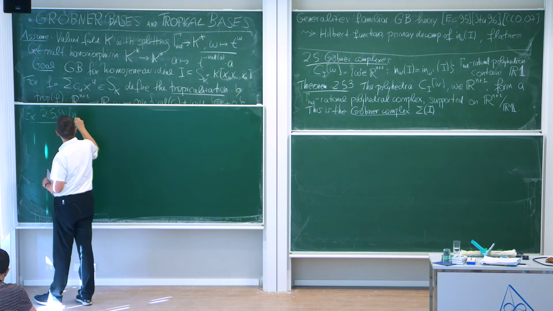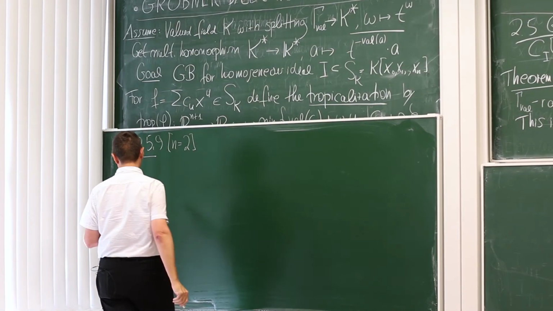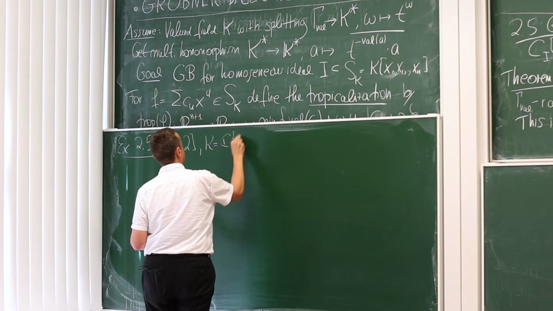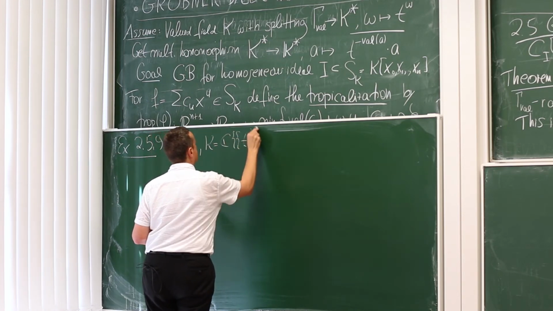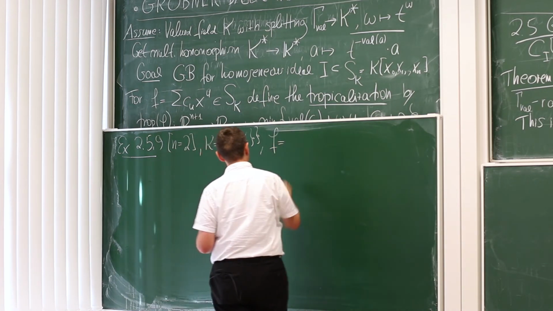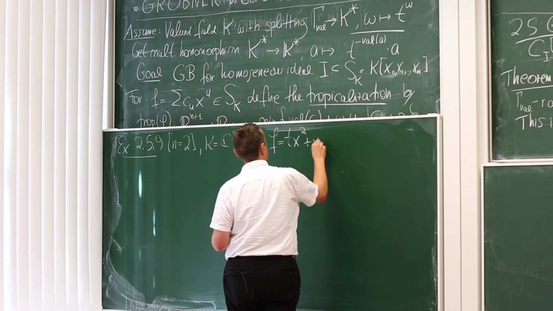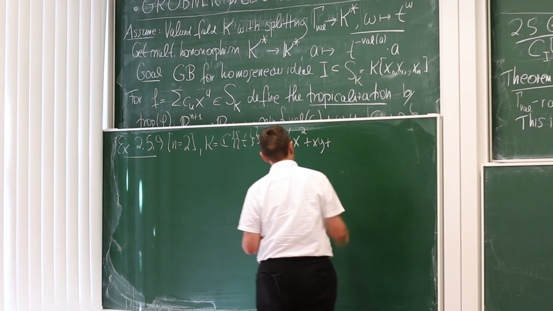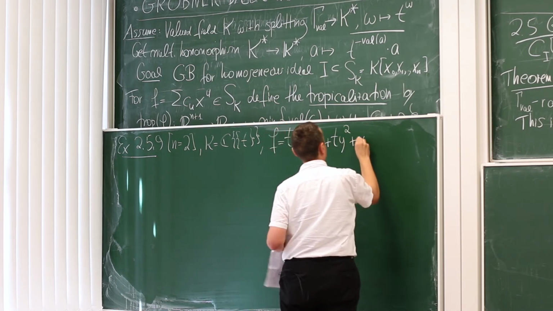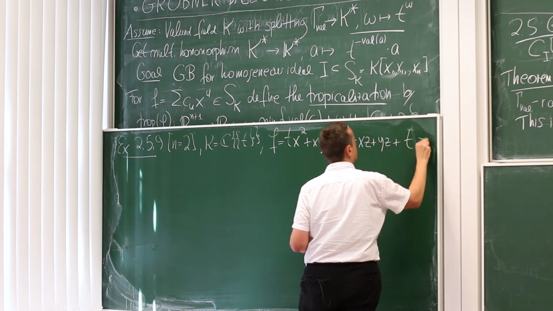So in this example, n is equal to 2, and k is the Puiseux series. And let's pick a quadratic polynomial. So it's t x squared plus xy plus t y squared plus xz plus yz plus t z squared.